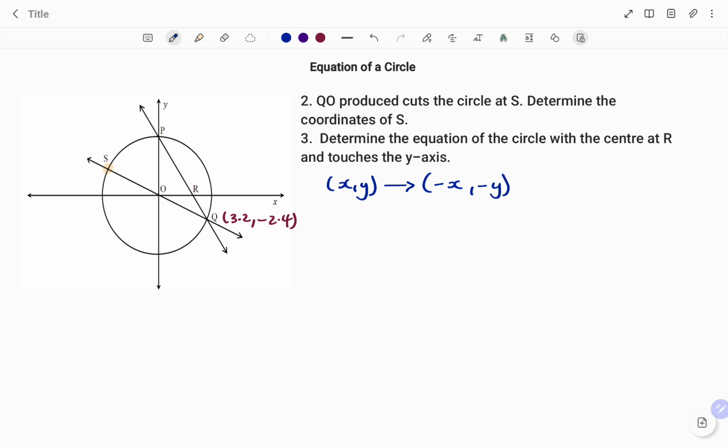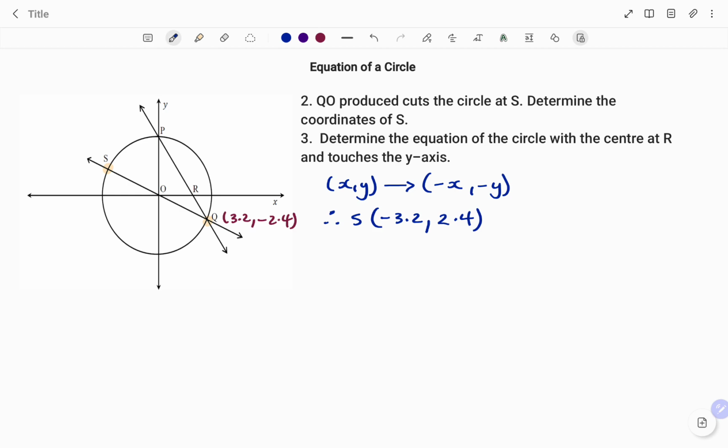We have the value of Q, so therefore the S coordinates will be negative x for Q, that's minus 3.2, and negative y will be positive 2.4. That is because the points S and Q are a reflection of each other about the origin.